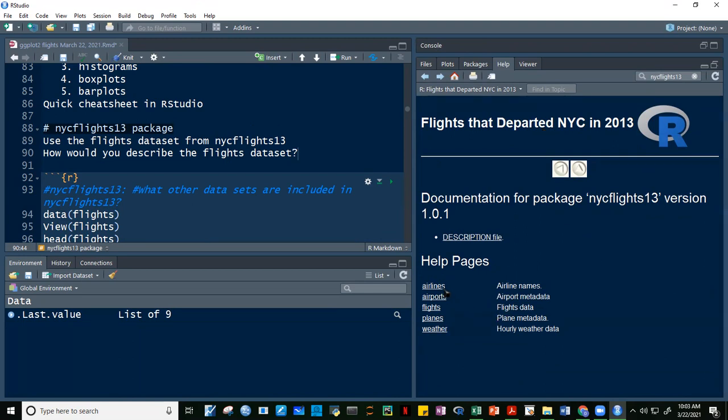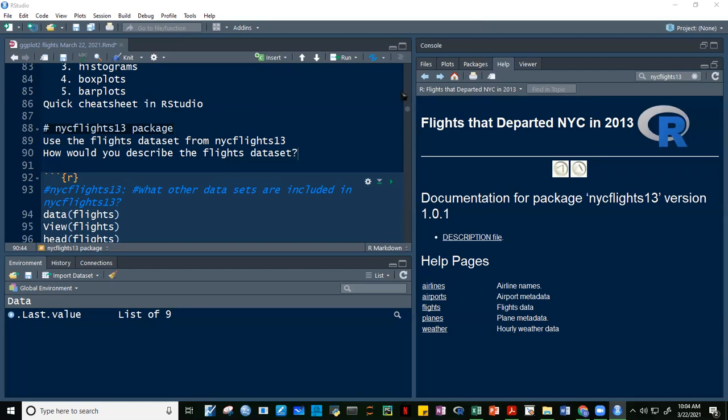And then you have here one, two, three, four, five data sets that come with nycflights. Do you see, guys? All right, so there are five data sets here, and we're going to use the flights data set. Later on, we're going to use weather also.